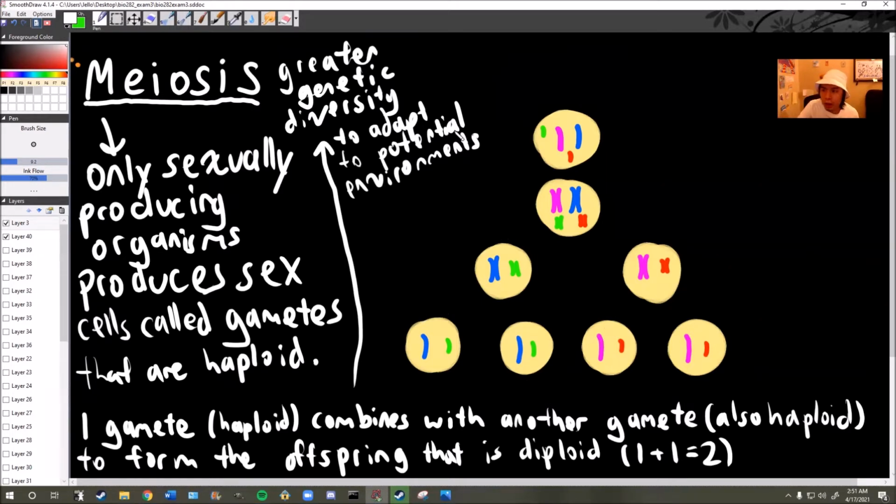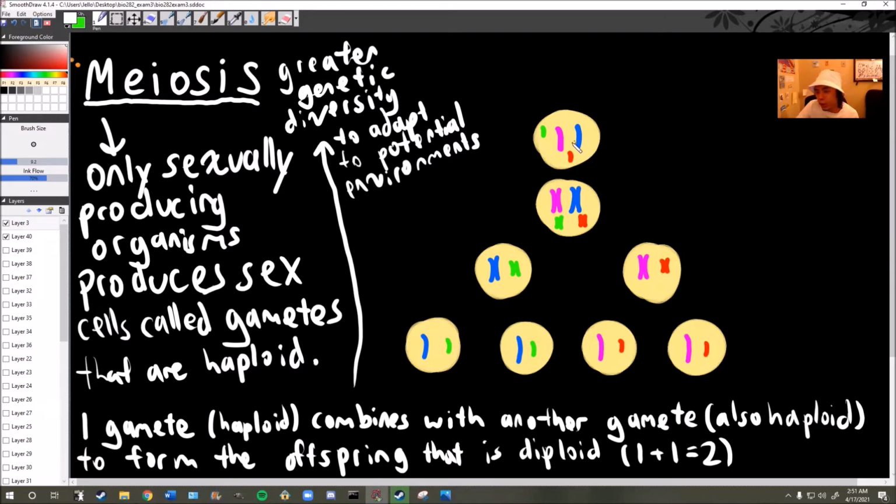Now that we might understand the general mechanisms of meiosis, why is sex so commonplace in the animal kingdom? And that is because it ultimately offers a lot more genetic diversity. So looking over here, we see that our resulting gametes have quite a lot of variety in them.